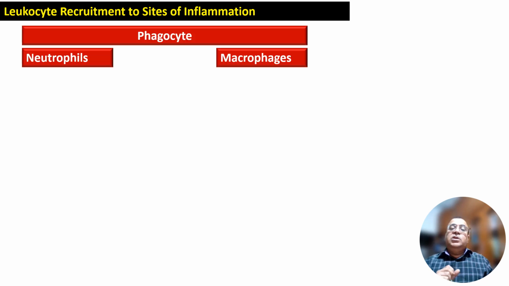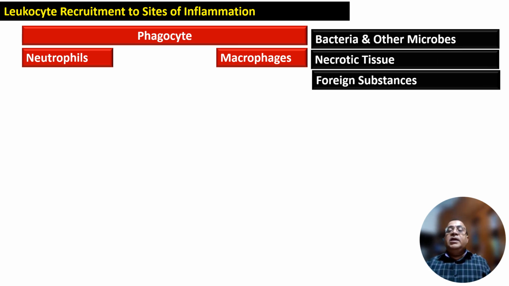So now the leukocytes are recruited at the site of the inflammation. The major cells involved in this process are neutrophils and macrophages. They are also termed phagocytes or eating cells, and they clear away bacteria and other microbes.